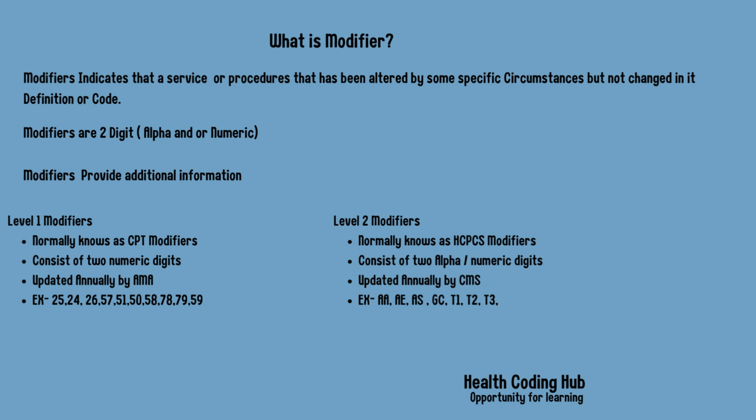Level 2 modifiers are known as HCPCS modifiers, which consist of alphabets and sometimes numbers. They are also updated annually by CMS, Centers for Medicare and Medicaid Services. Examples of HCPCS modifiers are T1, T2, T3.